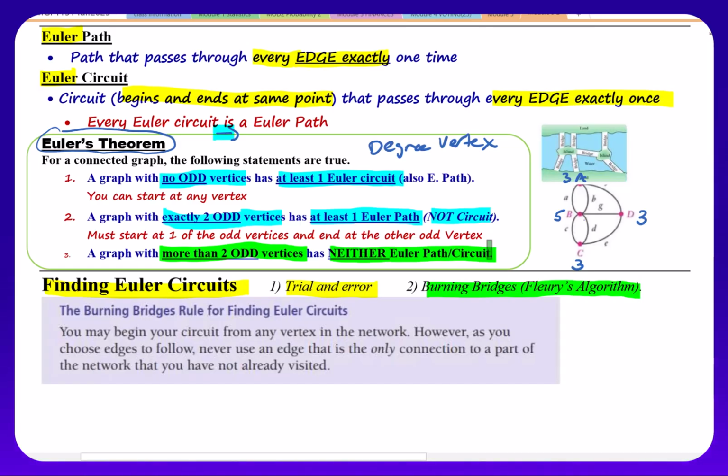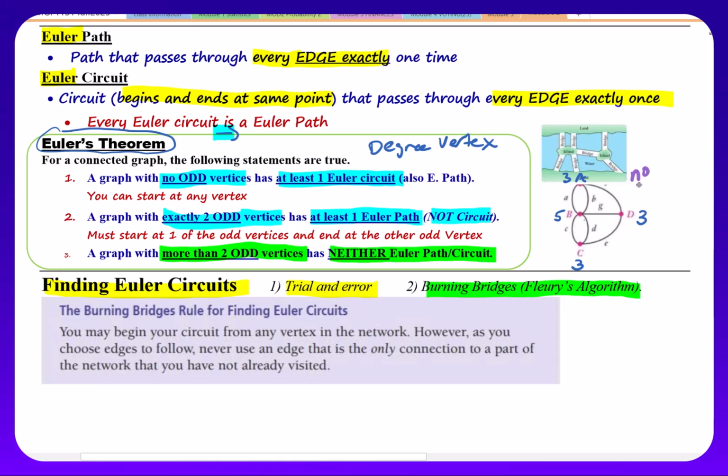So if we look at our example of the Königsberg bridges, and again count how many edges, which is how many bridges, come from the island, we should see in that case that we have 3, 3, 5, and 3, which is more than two odd.